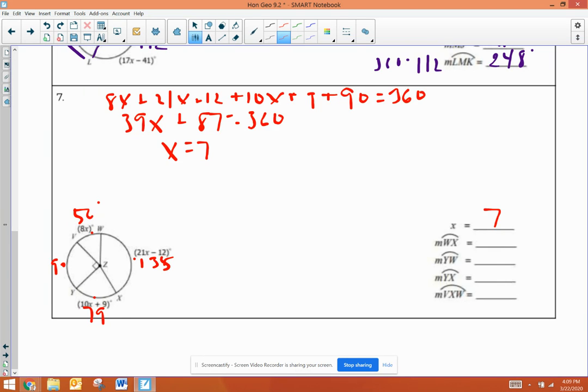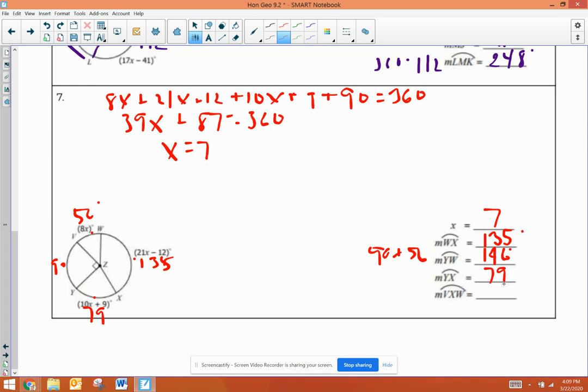Alright, so we'll go from there. Measure of arc WX is 135. My apologies. Measure of arc YW, from Y to W, is 90 plus 56. So that's 146. Excuse me, YX, 79 degrees.